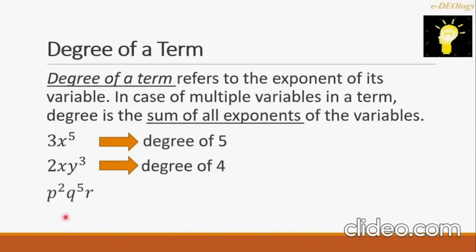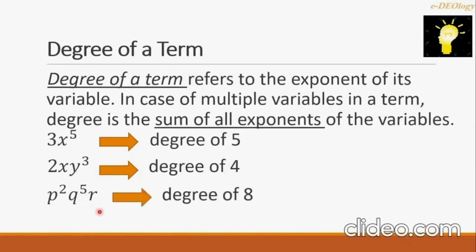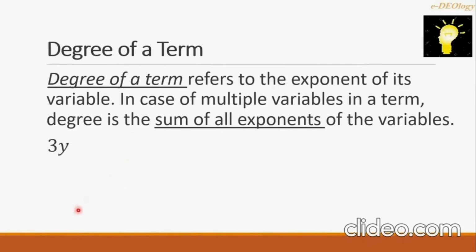Another example, p squared q raised to 5 r, degree of 8. We are adding all the powers, 2 plus 5 plus 1 equals 8. So the degree of this term is 8. Another example, 3y, obviously the degree is 1 because of the exponent here.